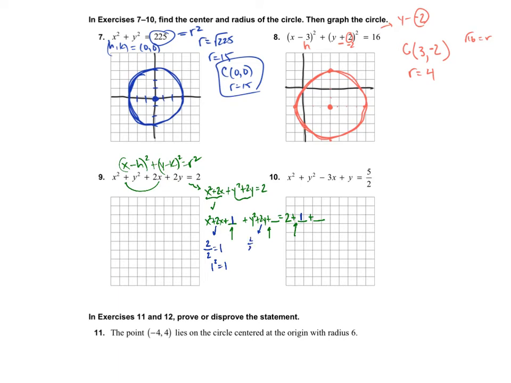So 2 divided by 2 is 1. 1 squared is 1. That's what goes in to the blanks there. And now we factor this. When we factor this part, we will get x plus 1 squared. When I factor this y squared plus 2y plus 1, I will get y plus 1 squared as well.